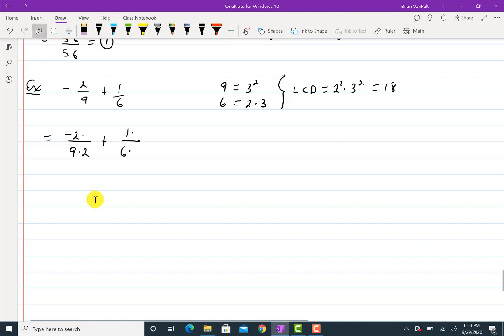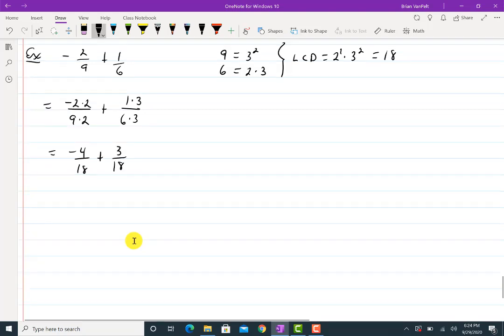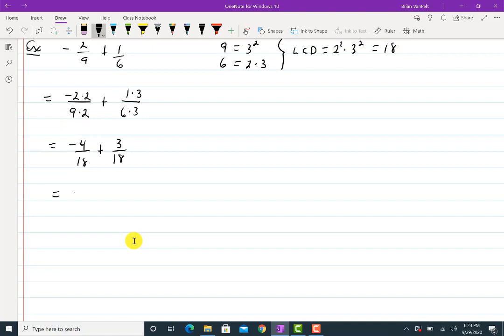And then whatever you do down there, you repeat in the numerator. 6 goes into 18 3 times. But whatever you do down there, you got to do in the numerator. So I have negative 4 over 18 plus 3 over 18. When I add them together, I get negative 4 plus 3 over 18. And that's negative 1 over 18.